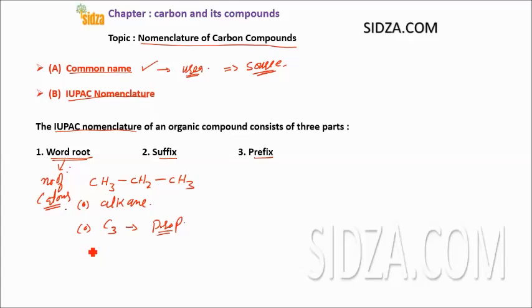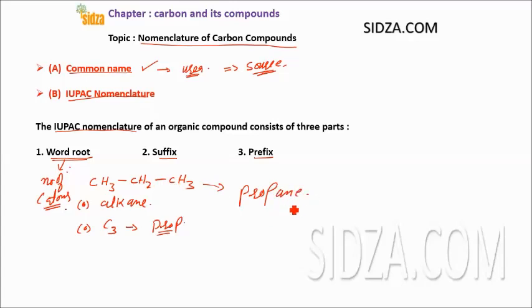Prop for C3, but for C4, but for C5, pent. So the word root represents the number of carbon atoms. When we name this organic compound, we use the term prop, which means it contains 3 carbon atoms, and we find only single bonds here, so we use the term ane: propane.